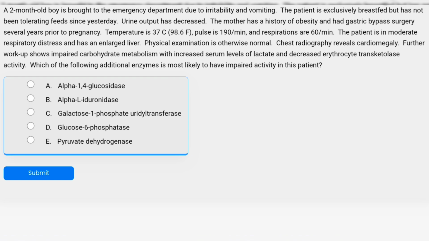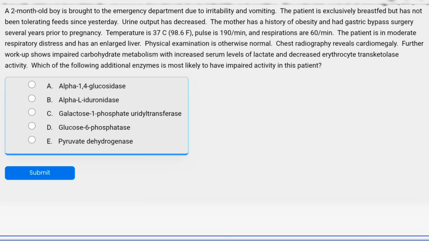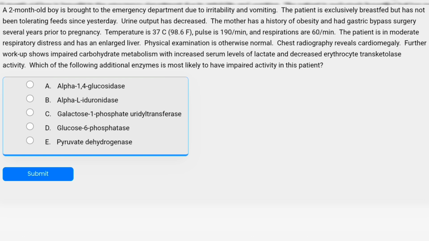Alpha-1 iduronidase, which is impaired in Hurler disease, is also not a thiamine dependent enzyme. C, galactose 1-phosphate uridyl transferase, which is impaired in classic galactosemia, so it is also not a thiamine dependent enzyme. The glucose 6-phosphatase is also not a thiamine dependent enzyme, and it is decreased in von Gierke disease.